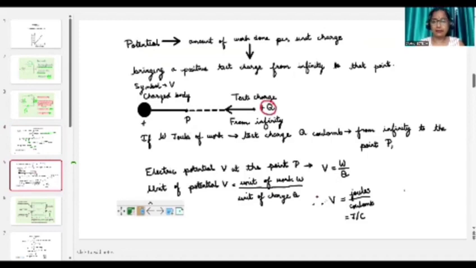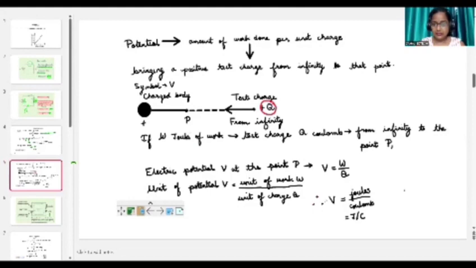Now, what kind of work done? Per unit charge. So it is the amount of work done per unit charge in bringing a positive test charge from infinity to that point. So you can see the diagram here.